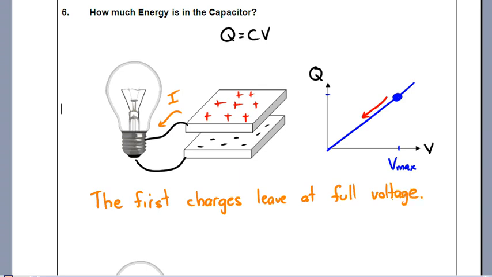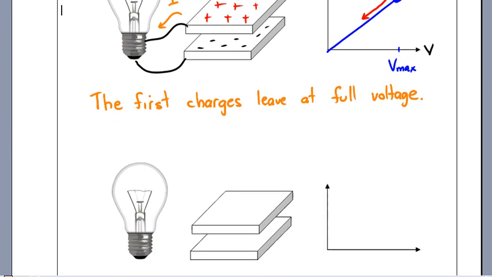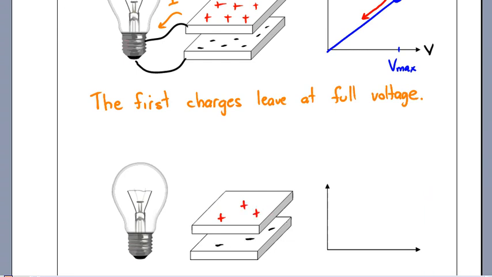But not all of the charge leaves at full voltage. It does start to drop off, and it becomes less and less. So let's think about what this is going to look like as we work our way down that graph. At some point later on, there just won't be as much charge left on this capacitor, maybe only that much, with the corresponding negative charge down here.